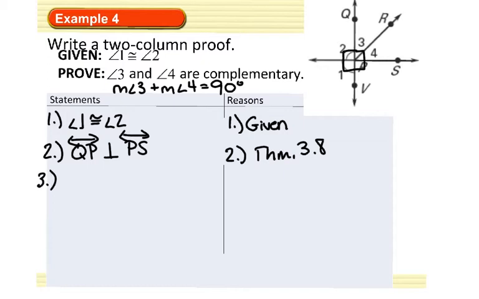So I'm going to just set them all equal to each other. I'm going to say measurement of angle 1 equals measurement of angle 2, and that equals this angle measurement right here, QPS, and then SPV, or VPS. And all of those are 90 degrees.